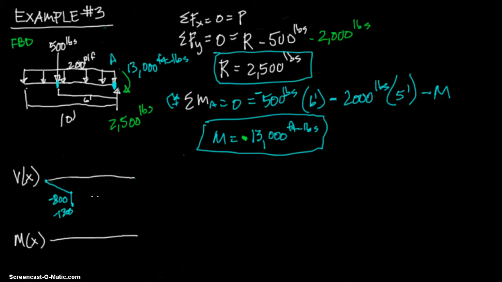We're going to subtract that from 1,300, so it should be 2,500, which it is. You have 2,500 down here. So you continue the same slope. These slopes should be the same, but I'm just freehanding this, so they're not perfect. Yeah, 2,500 pounds. Didn't need to label that. And then we go up because of this 2,500 pounds right there. Alright, there's our shear diagram.